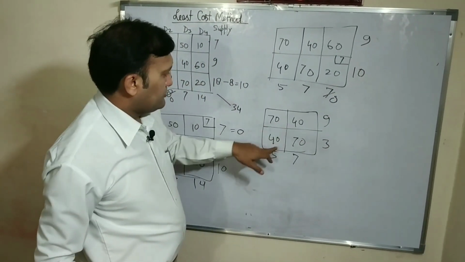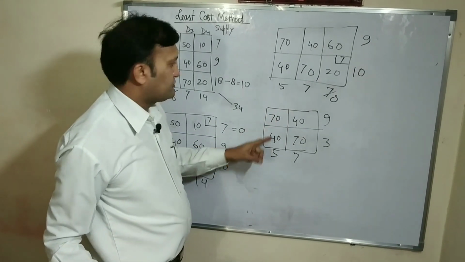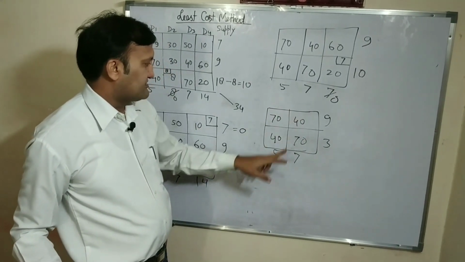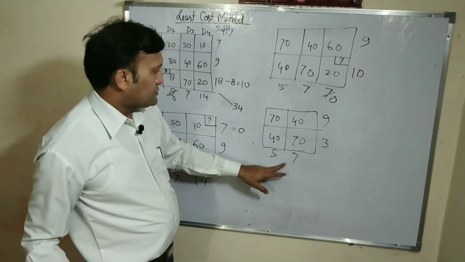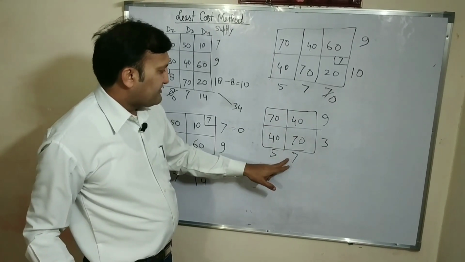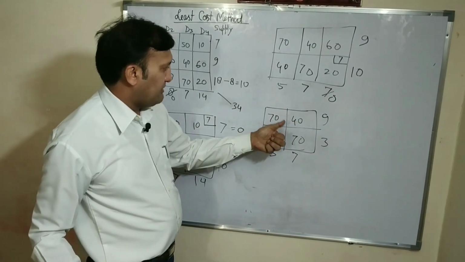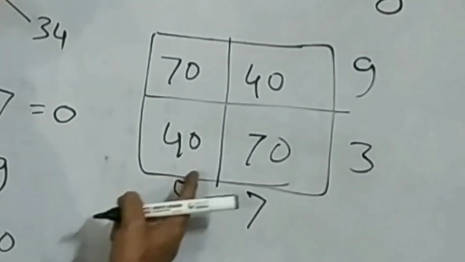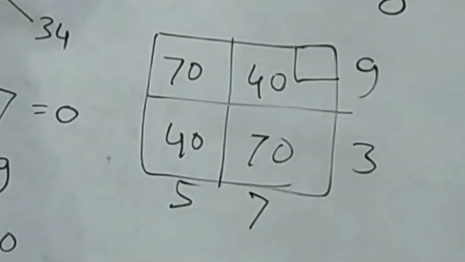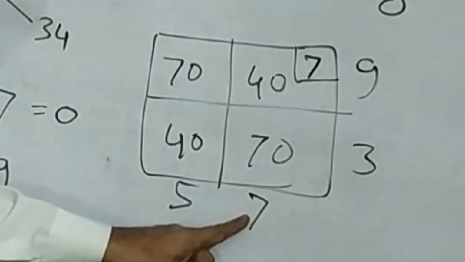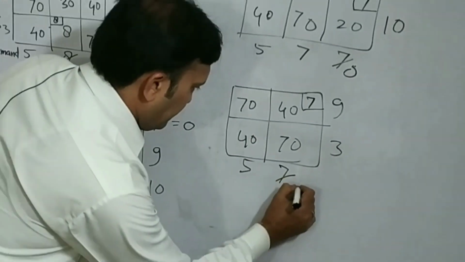Then further we are going to see where we have the least cost. We see that at 2 places the cost is least. So we are going to choose where the maximum allocation is done, that means which covers the maximum cost. So we are going to take this one for our selection. Again we are going to allocate 7 over here, so that this demand will be fulfilled.